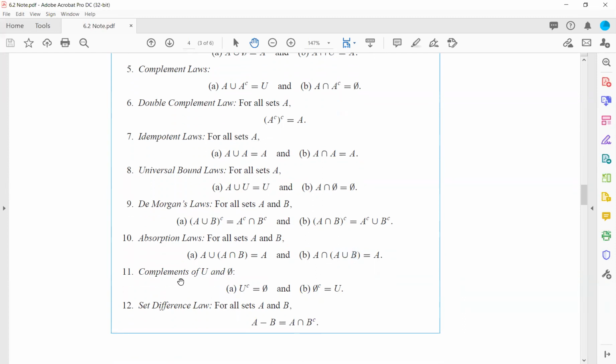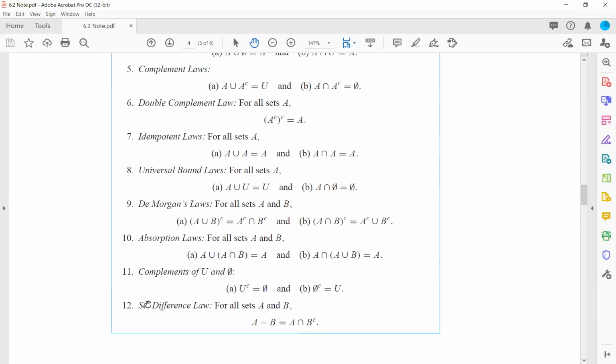Well, the complements of the universal set and the empty set. The complement of the universal set is actually the empty set, and the complement of the empty set is the universal set.